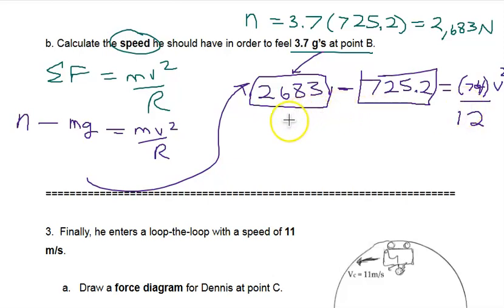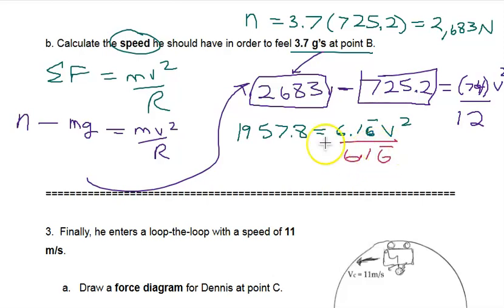Okay, that yields 1957.8 equals 6.16 repeating v squared. Divide both sides by 6.16 repeating, and you get v squared equals 317.5.